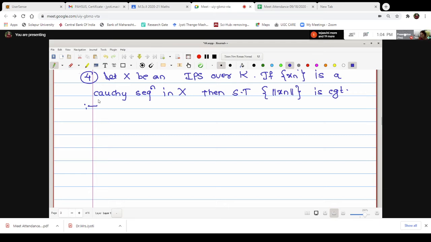The sequence xn is given to be Cauchy, right? And our aim is to prove that norm xn is convergent.